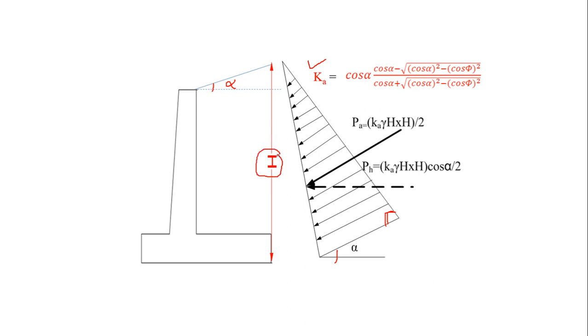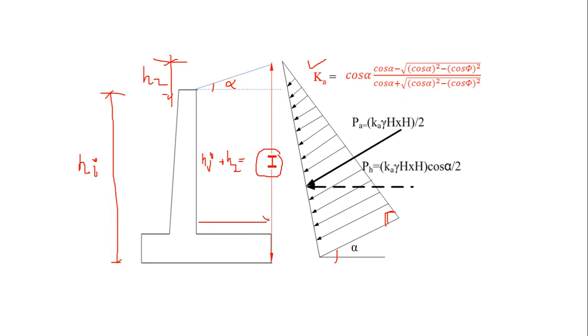Many times it is not given what the height will be, so we can get that total H as follows. Suppose this is the initial height H1. Again we need to calculate this height H2. So capital H is equal to H1 plus H2. How do we get H2?